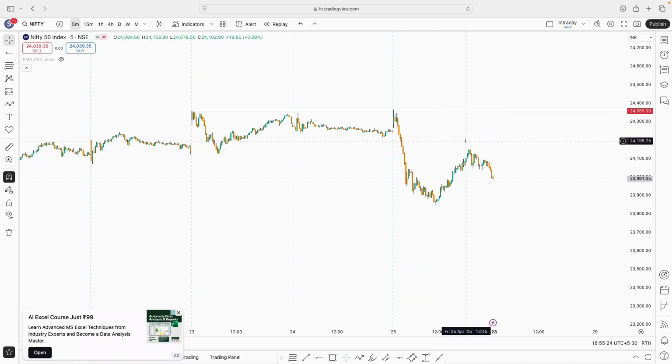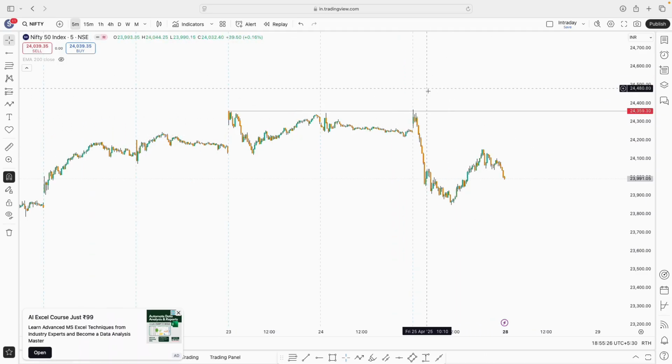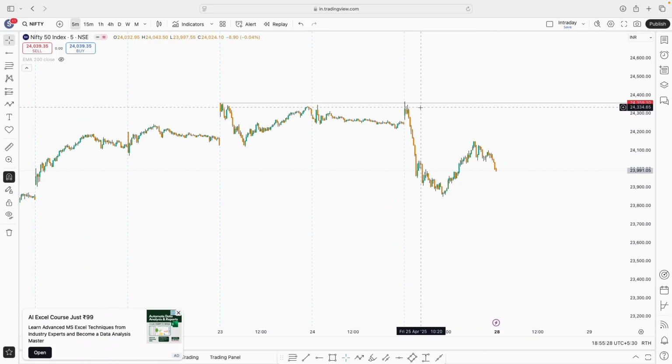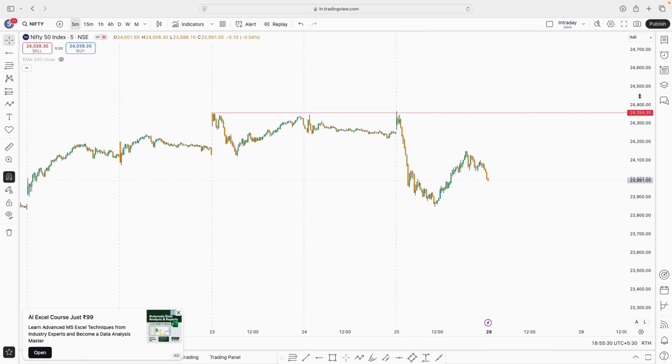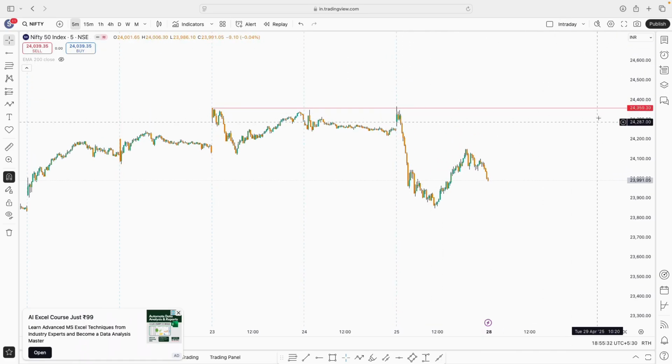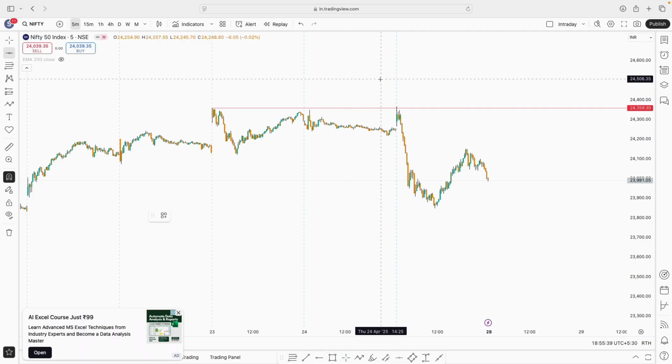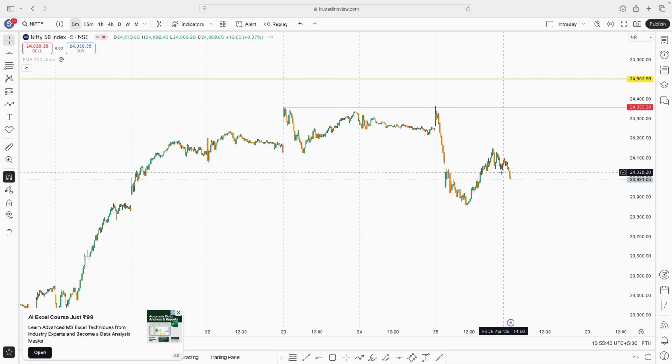That is our first observation, and what it is telling us is that somebody is selling strongly from this 24,500 level. Around the 24,500 level we have a strong seller, so we can go with this assumption.